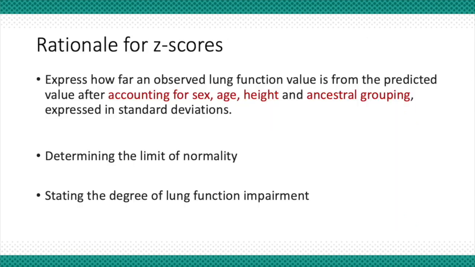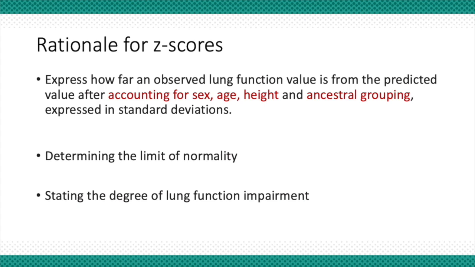So the Z-score tries to eliminate a lot of problems that are coming out of the variations in sex, age, height, and ancestral grouping, because it is looking at multi-ethnic normal distribution amongst the various races. However, it does state the degree of lung function impairment, and it can determine the limit of normality.